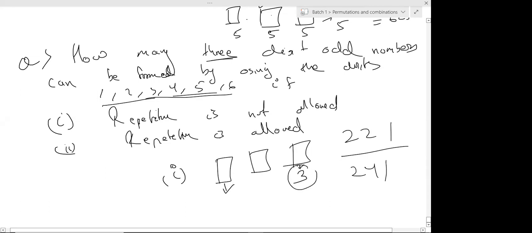So this last box can be filled by 3 numbers, right? Only 1, 3 or 5. But this can be filled by any number. So when one number is filled, that means 5 remains here and 4 here. Is it clear? Yes, sir.